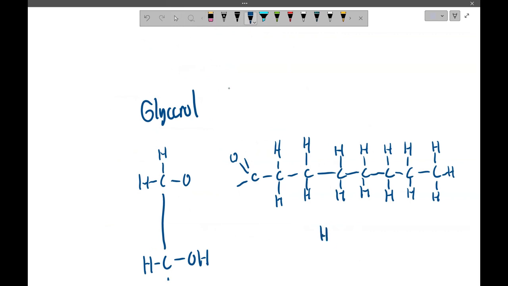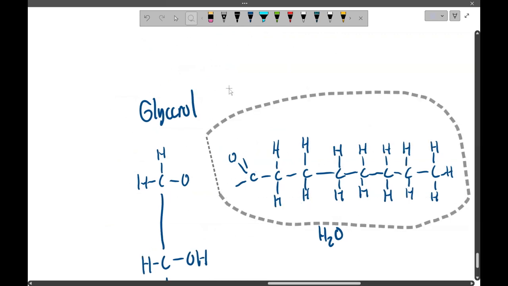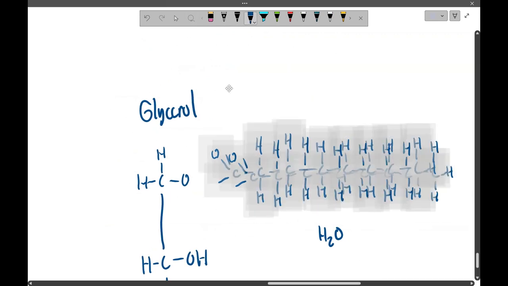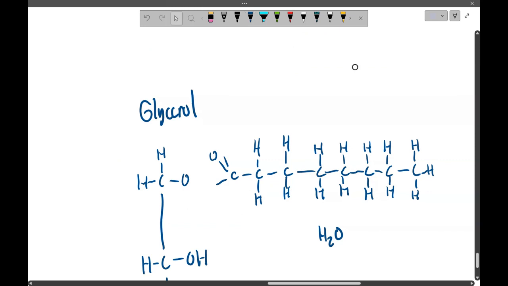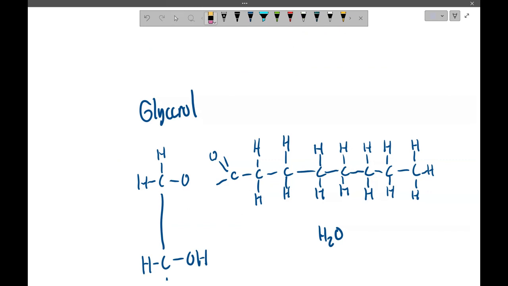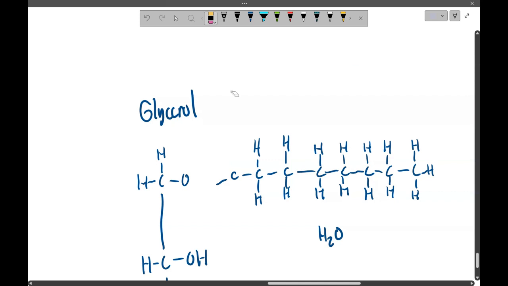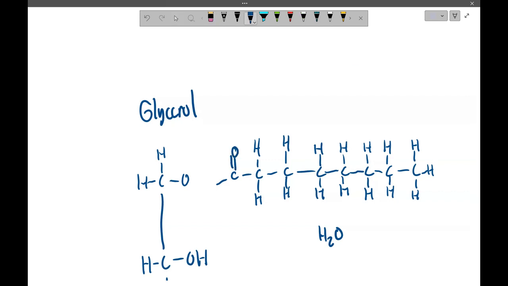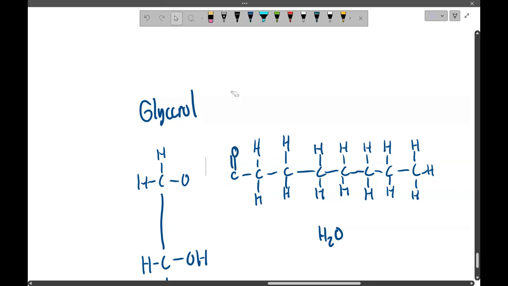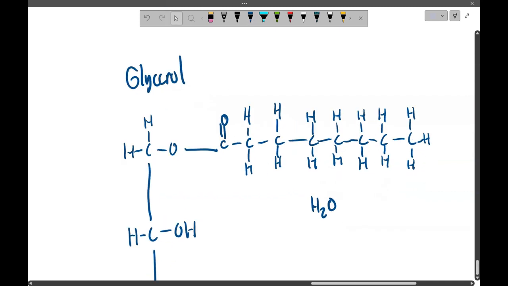So they form an H2O over here, and I'll move the molecule over closer to glycerol. And I'll have to move this double bonded oxygen up. This oxygen is going to be connecting the two carbons, so it's going to form an oxygen bridge.